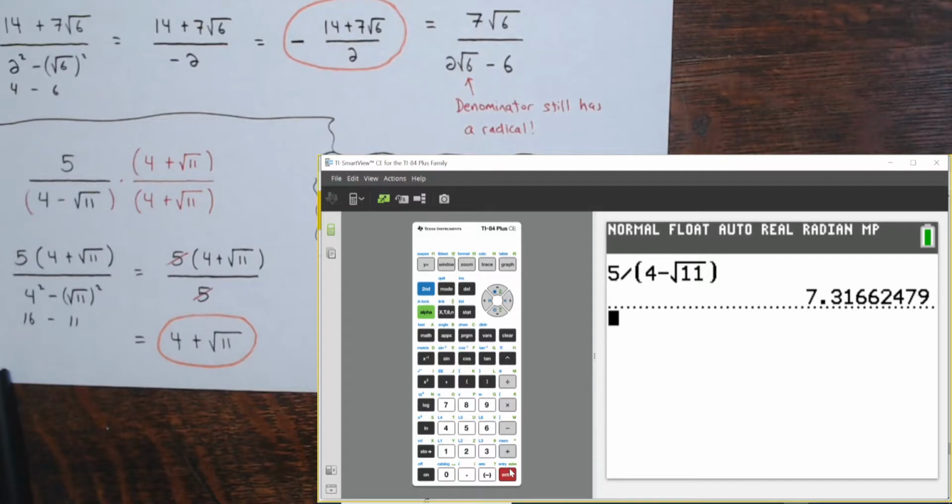Alright, so that's 7.3166247. Okay. And then my final result after rationalizing the denominator was 4 plus the square root of 11. See if that gives me the same result. 4 plus the square root of 11. And yes, it is the same value.